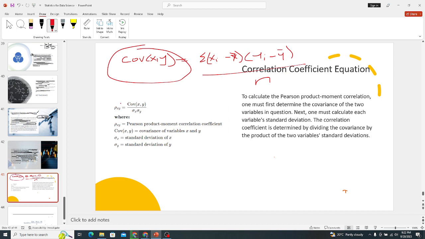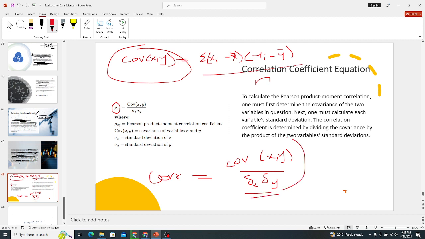What about the correlation? Correlation is given by the covariance of the two variables, x and y, divided by the product of the standard deviations, the standard deviation of x multiplied by the standard deviation of y.